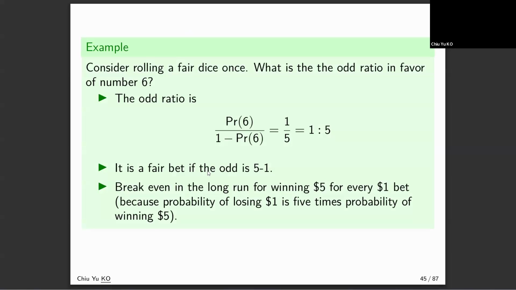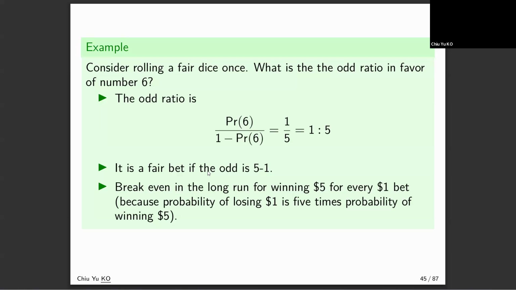Okay, why? Let's look at this. This is the last example we have, then we're done. Okay, so roll a fair die once. What's the odds ratio of getting a 6? The definition is itself over its complement. 1 over 6 over 5 over 6 is what? 1 to 5.